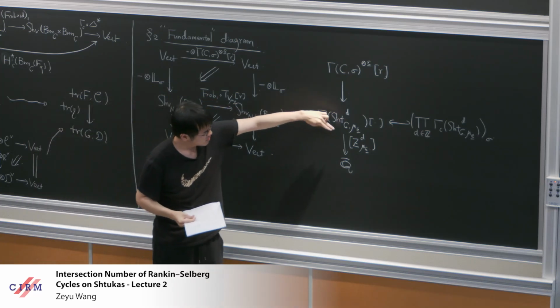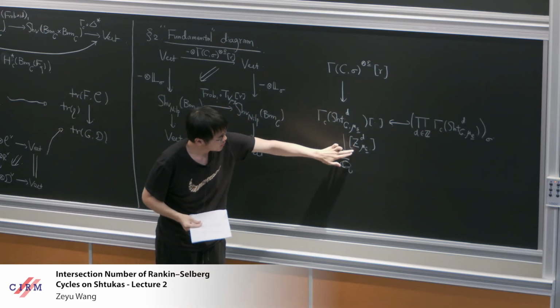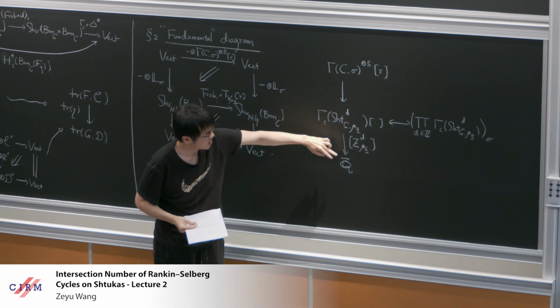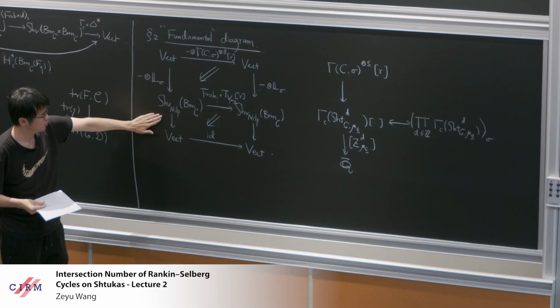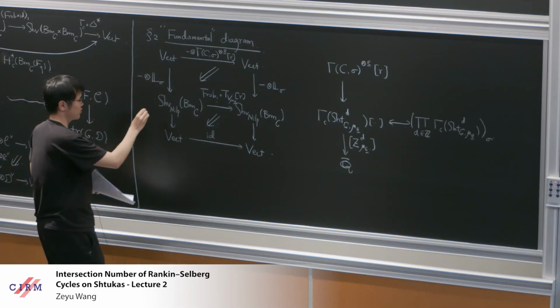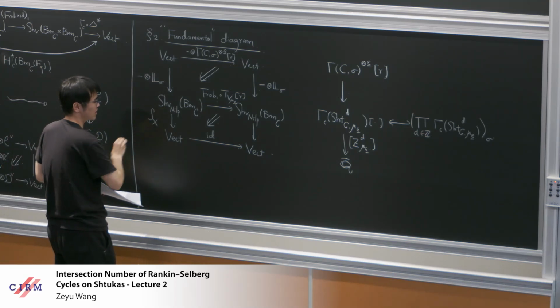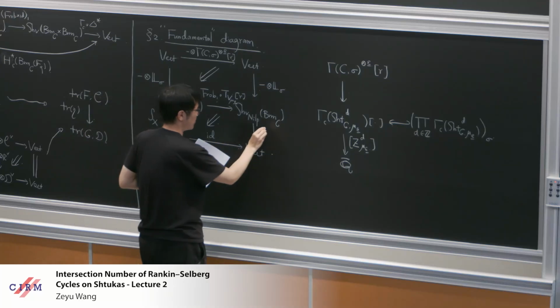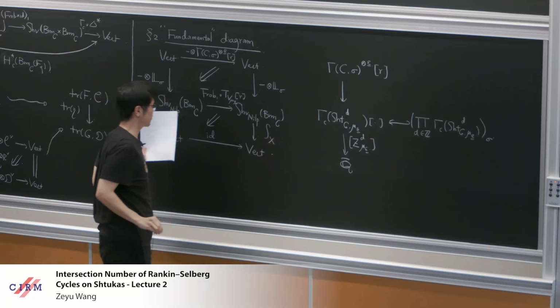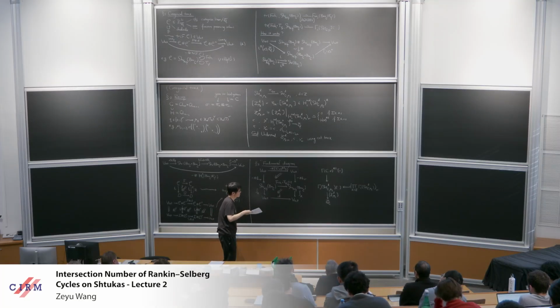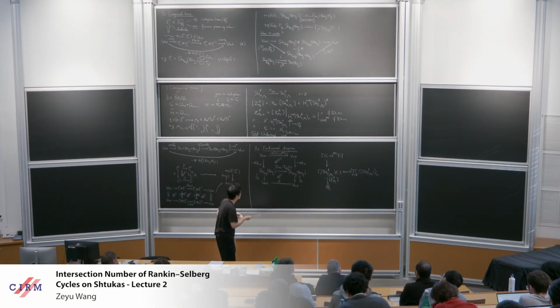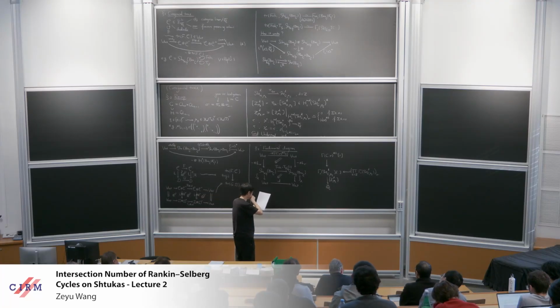Now you need some functors to encode this special cycle, and this special cycle is really something attached to a period. So you need to put the functor that is related to period. Then there's a very natural candidate. It's given by this period integral operation that has been talked about in many talks.